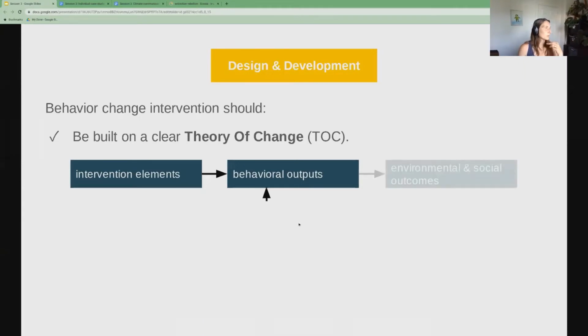And then that behavioral output will have environmental and social outcomes. That is basically the benefit at the end of that process: we will have less air pollution because we get less fires. We will have less pollution, less greenhouse gases because we have less fires.